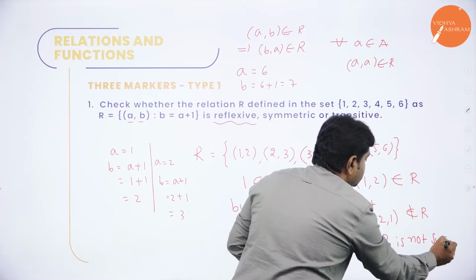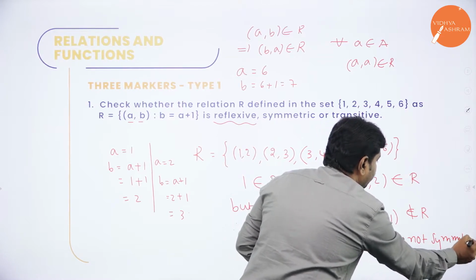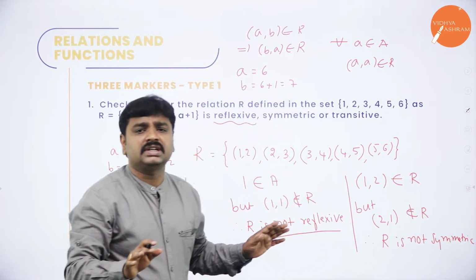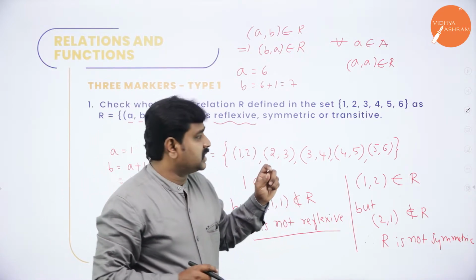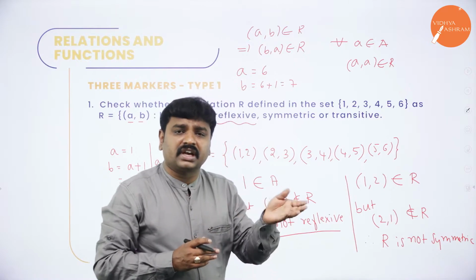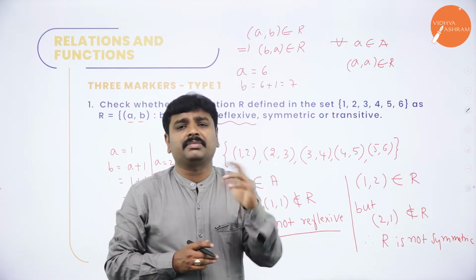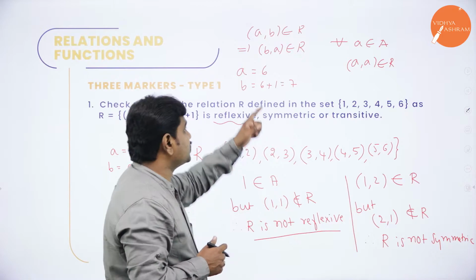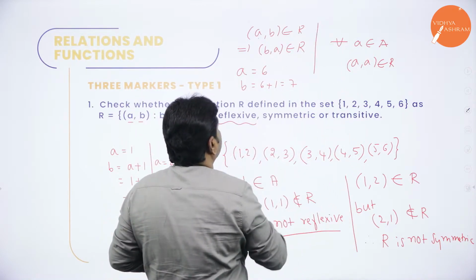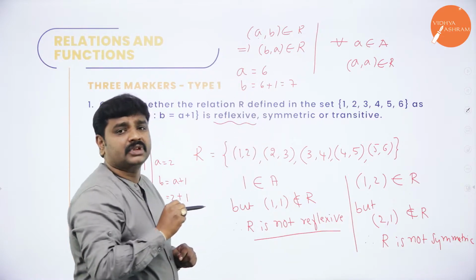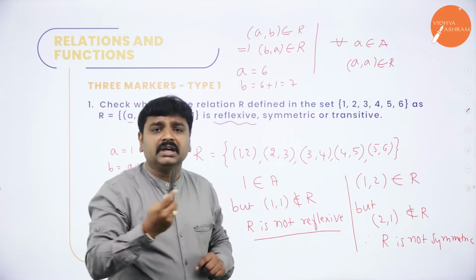R is not symmetric. They want you to verify, we verified. Clearly R is not symmetric. Why? When I take one ordered pair, its reverse is not present. If (a, b) is present in the relation but (b, a) is not present, then it is not symmetric. Symmetric means if (a, b) is present in R, then (b, a) should be present in R. Here (1, 2) is in the relation, but (2, 1) is not.